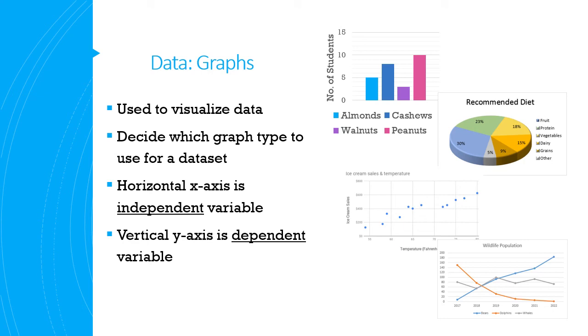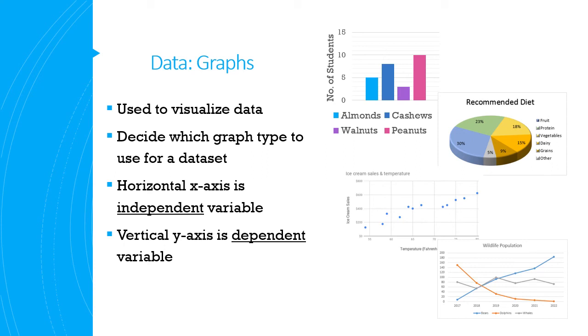So now on to the last section, which is data visualization. You'll be asked to either interpret graphs or decide what kind of graph to use for a certain data set. There are a couple kinds of graphs that I'll go over, but they all have the common feature that usually the horizontal axis, if it's there, measures the independent variable.